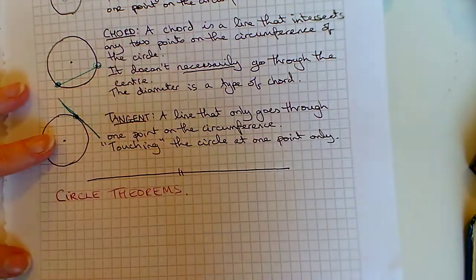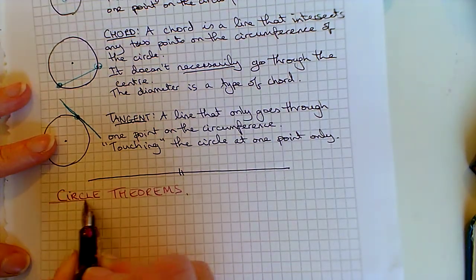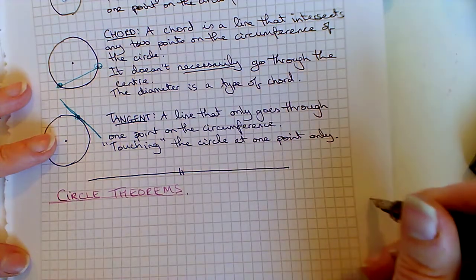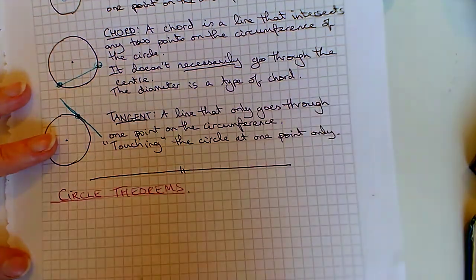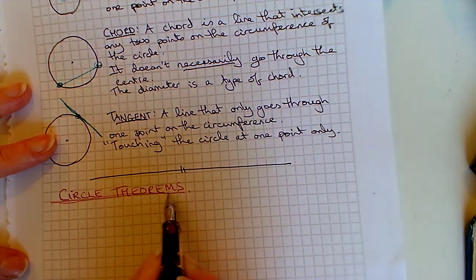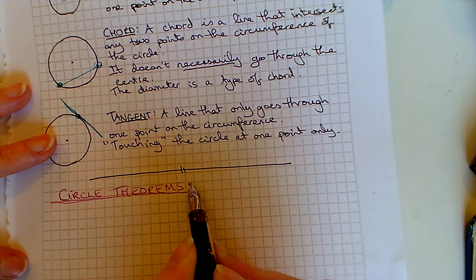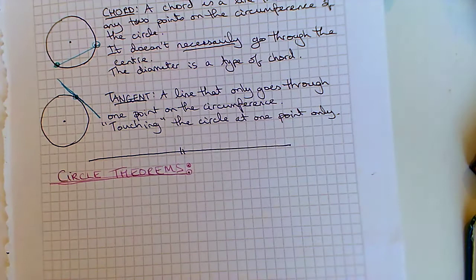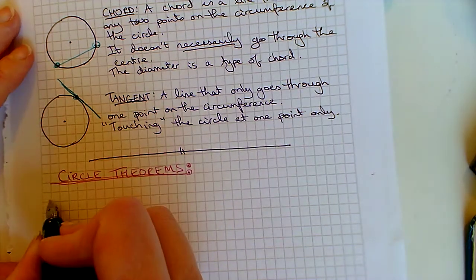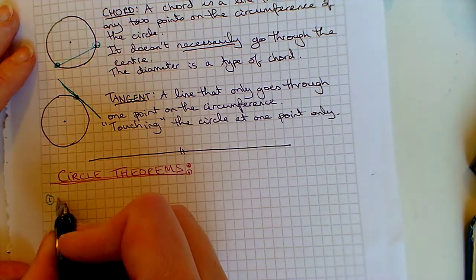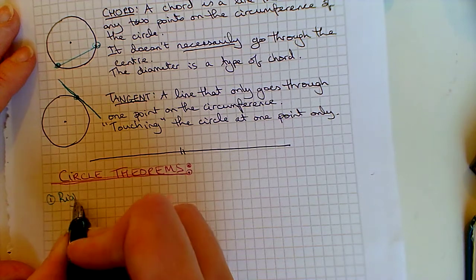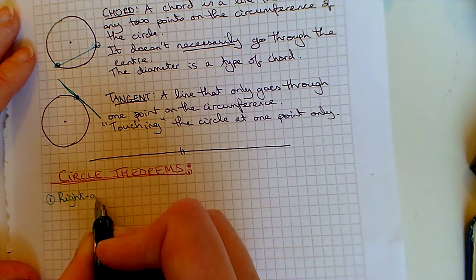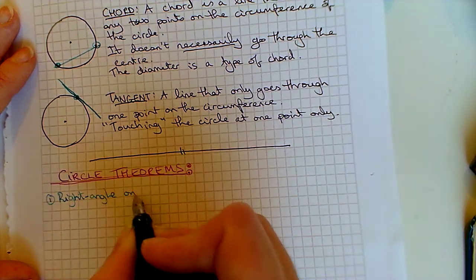You just need to know the statement of them and how to use them in an example. So we're going to look at 3 circle theorems today. Okay, the first one, I think of this one as my right angle on a diameter.